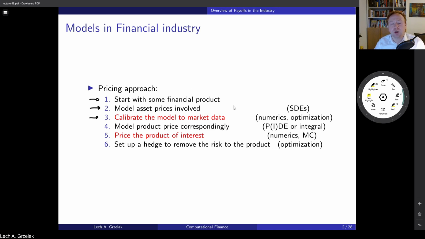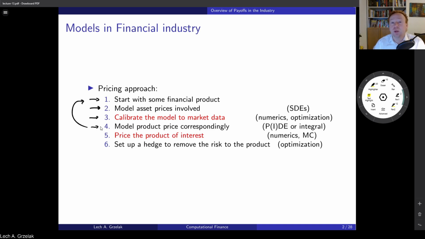And this is a logical correlation once you consider the hedging aspect. So if you have an exotic derivative, you would like to hedge it with European options. This means that you certainly need to have accurate pricing of European calls and puts. Then, of course, once we have calibrated the model, we need to price our initial payoff, right? Depending on the payoff, we may choose Monte Carlo simulation, PIDEs, for example, or some other technique.